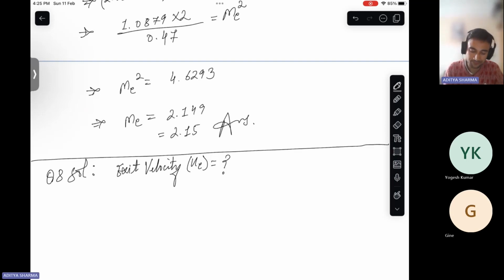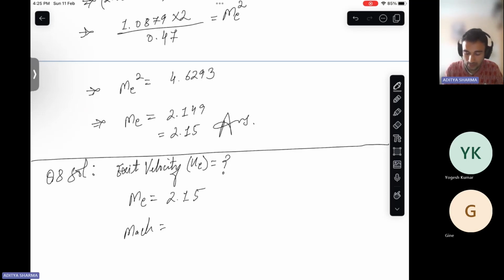We don't know this, but we have calculated the exit Mach number at the exit point.